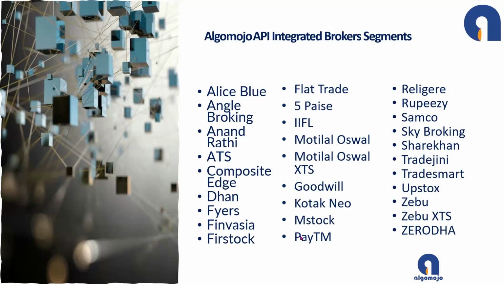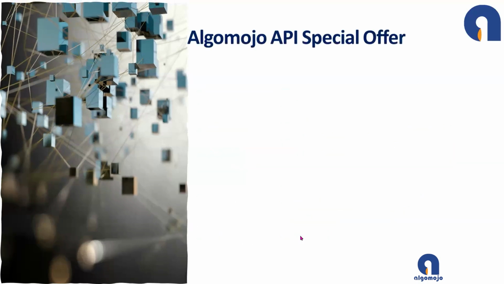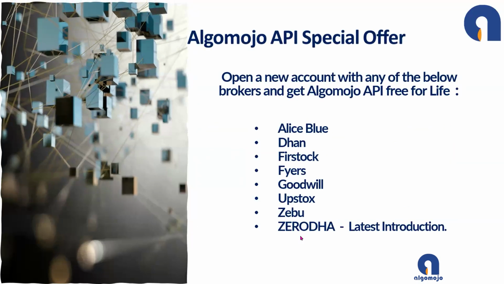Now, there's a special offer in case you open a new account using Algomojo as a referral with any of these 7 brokers, you get the API charges completely free for life as such. So there's no additional cost involved in terms of API based execution of orders, except that from 1st of April, the static IP is becoming mandatory.